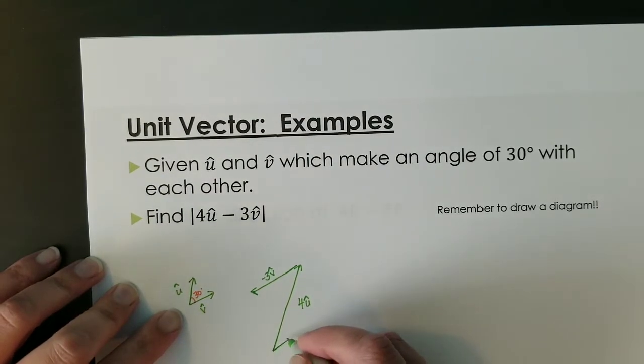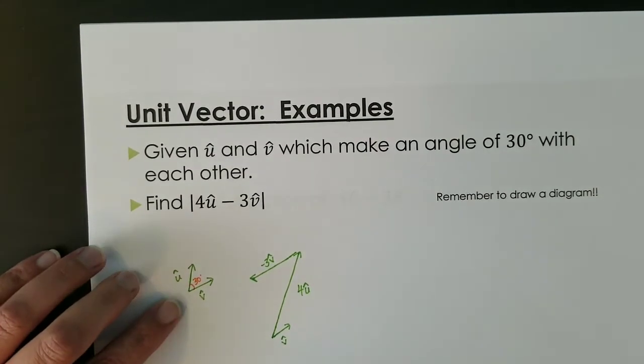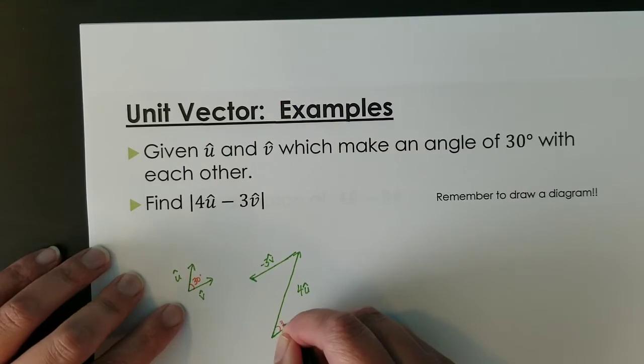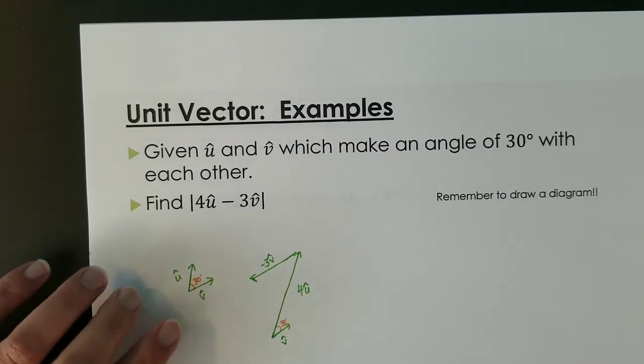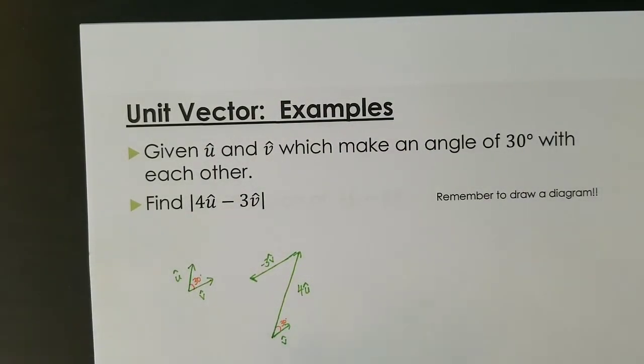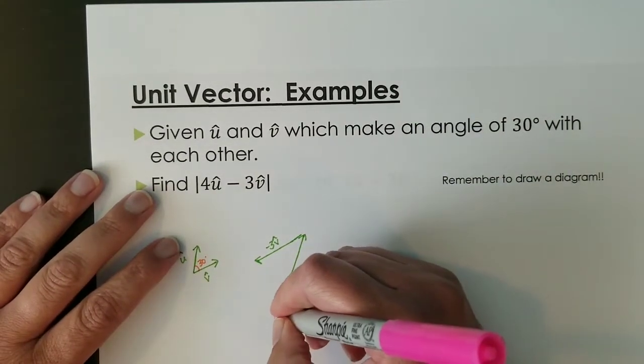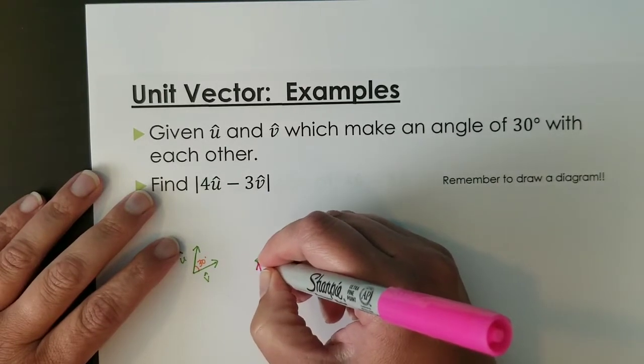And I can just draw in my original v hat there because I will need to associate that 30 degrees into my new diagram. So I'm going to take another color and draw in the resultant vector.